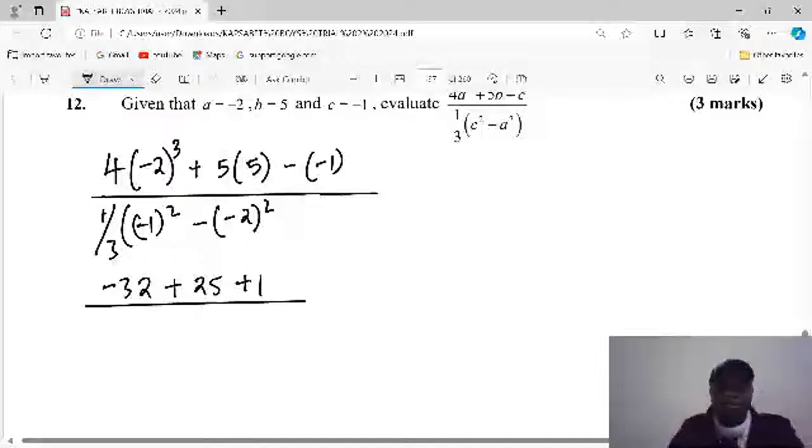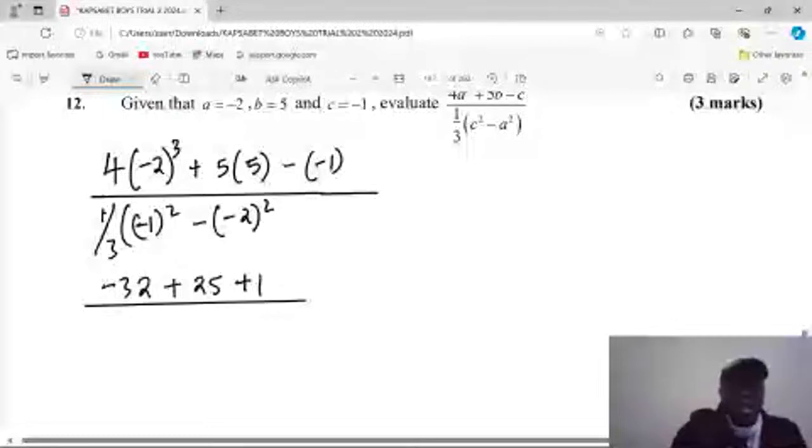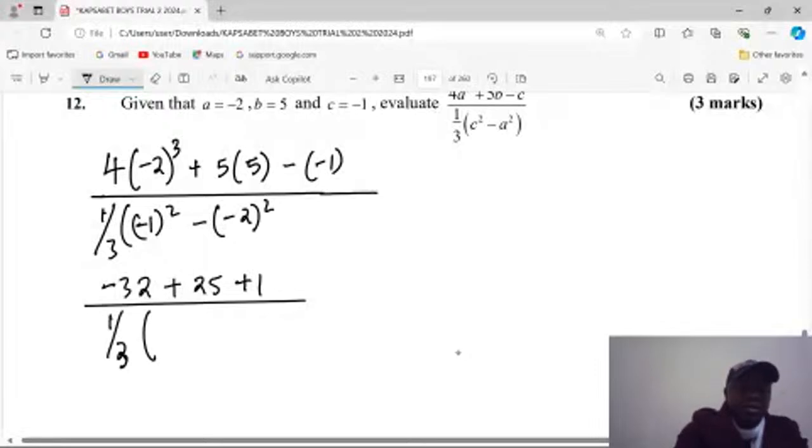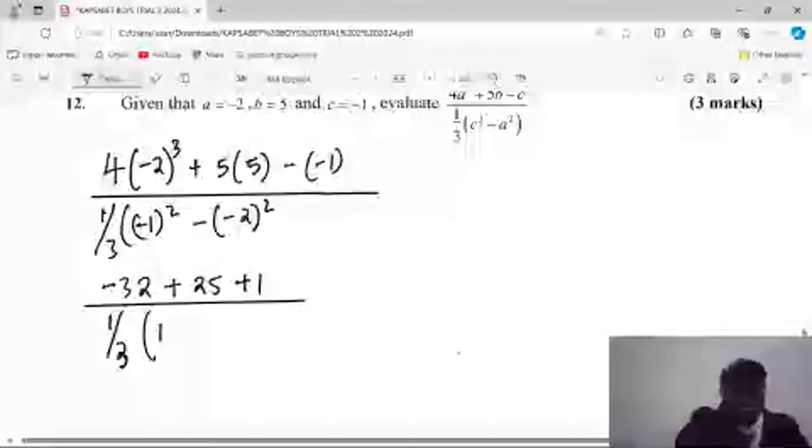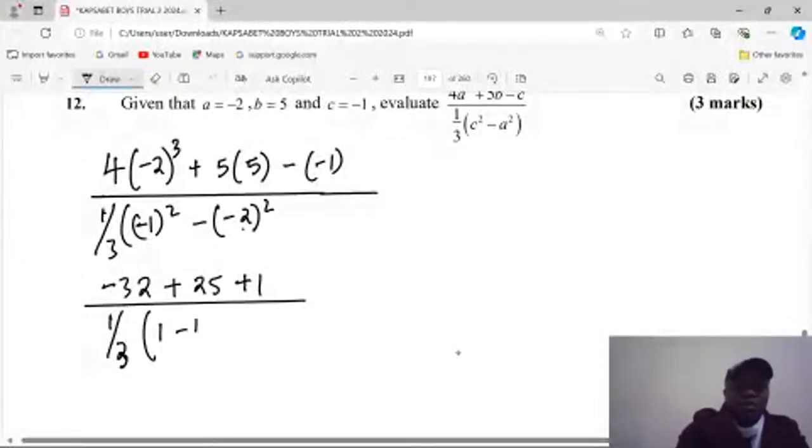On the denominator, we'll be having a third into -1 squared, making it 1. Then this is a -2 squared. It first of all becomes 4, which is positive. So we'll be minusing 4. It should be -4, because when -2 is squared it is positive.